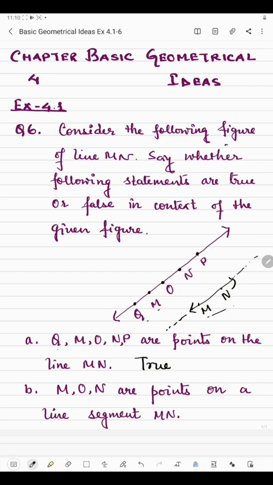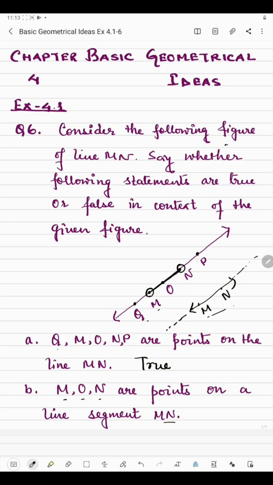Okay, now coming to B. Now in the B part we have M, O, N are points on a line segment MN. Now if you see the figure, MN is a line segment, in which M is the starting point and N is the ending point.